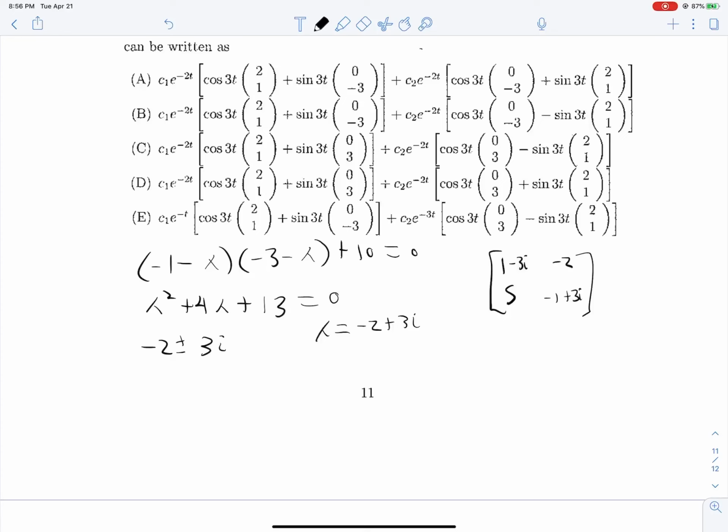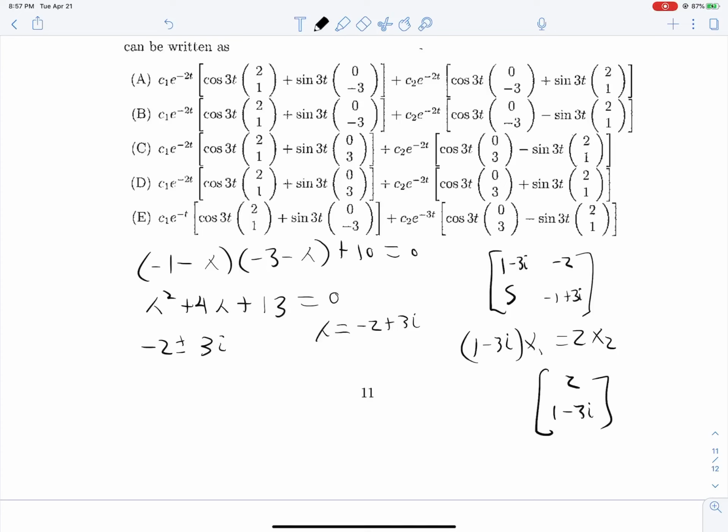So we can take this first line. This says 1 minus 3i times x1 is equal to 2x2, and make an eigenvector out of it. That will be 2 and 1 minus 3i, like so.